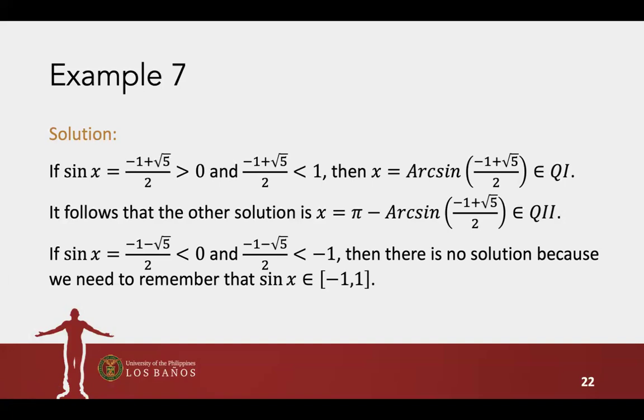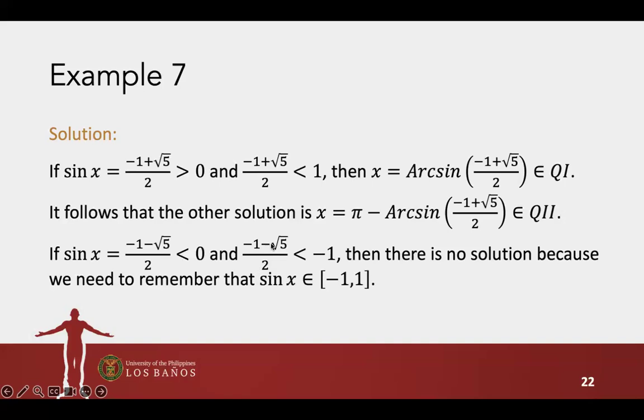Why is that so? Again, just like with our argument a while ago, square root of 5 is in between 2 and 3. So that means if we use the 2 and 3 as our lower bound and upper bound of our interval, -1 minus 2, that's -3, divided by 2, so that's -3/2.